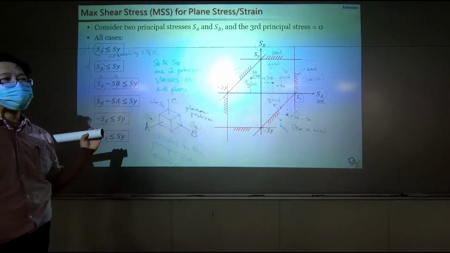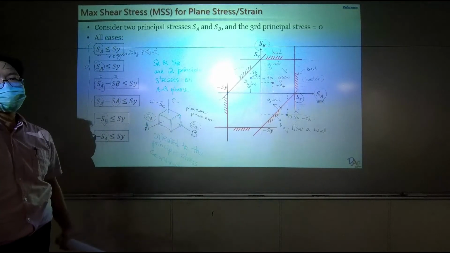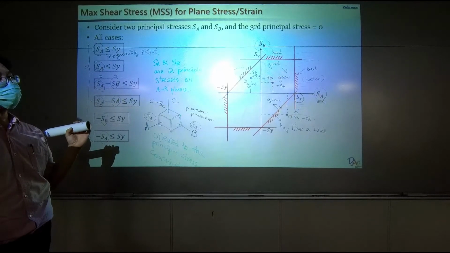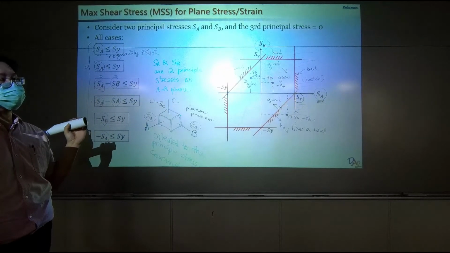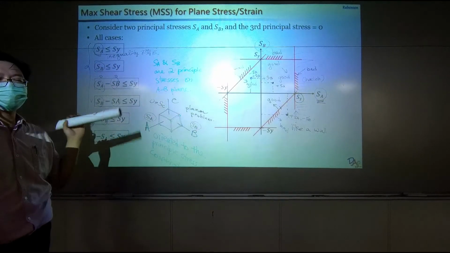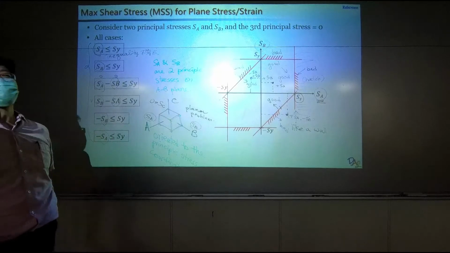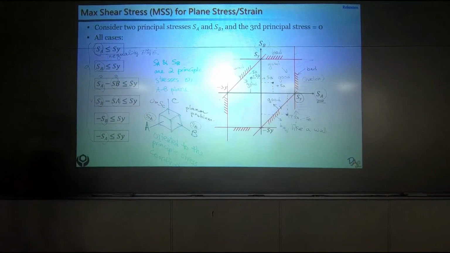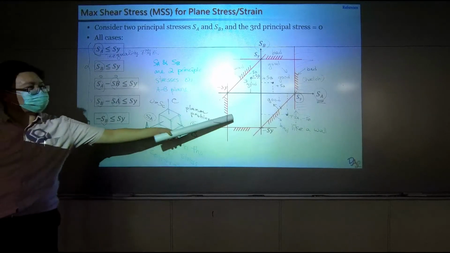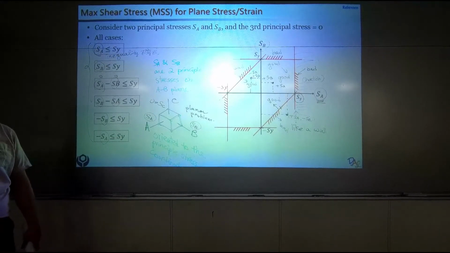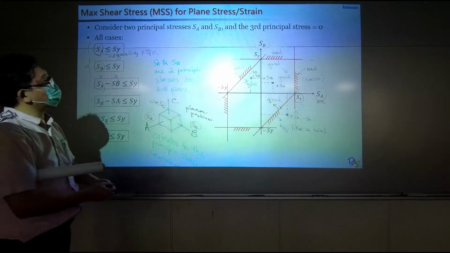Always check your Mohr circle first. No matter which condition your SA and SB is in, if it's inside this hexagonal shape, then you're okay. Usually I don't try to memorize those. I just make this drawing. So how do we get this drawing?